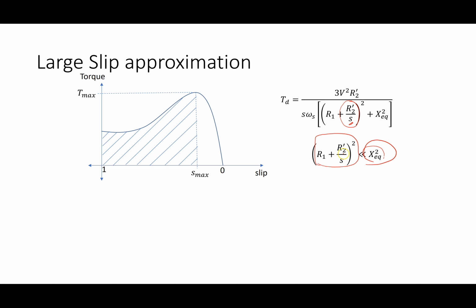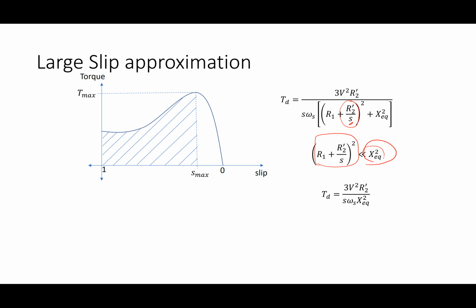Since we have this relation, we could just forget about these and simplify it to this equation here, where we consider all of this negligible, and we get 3V squared R2 prime on S omega s X equivalent squared.